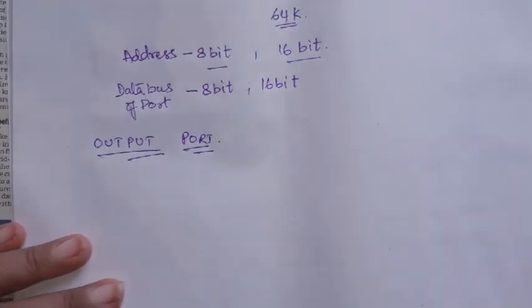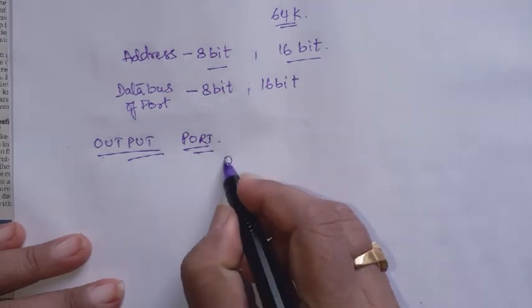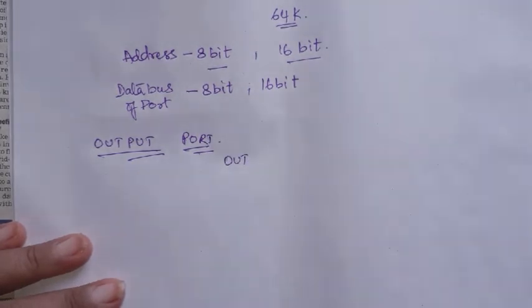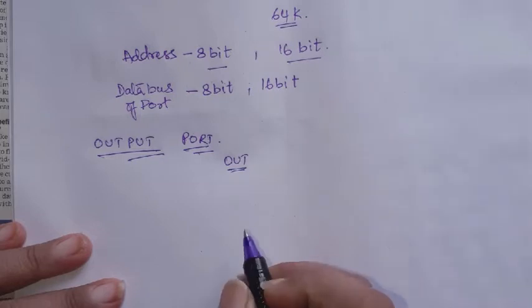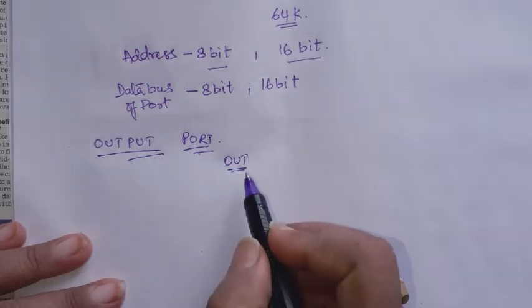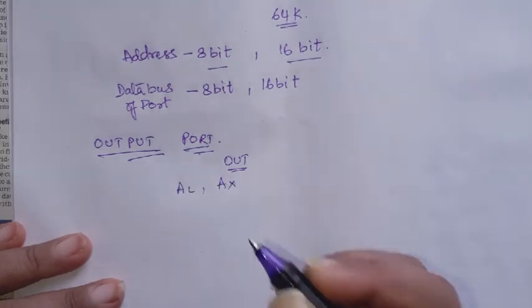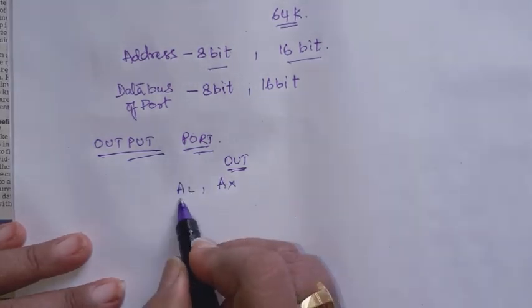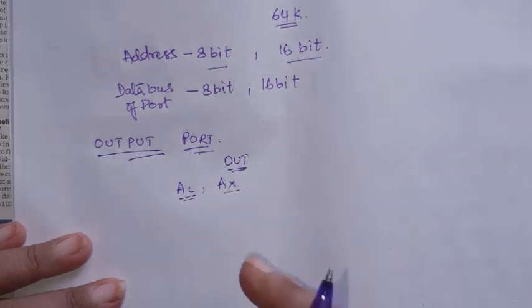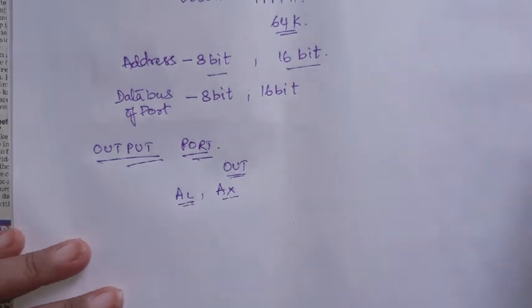The output port uses the instruction OUT for writing into it. To write data to an output device, we need to use the instruction OUT. When the OUT instruction is executed, the data present in the AL or AX register gets written into the output device.